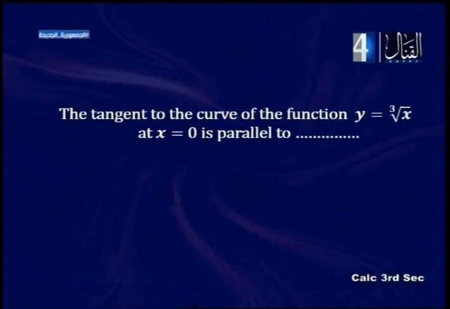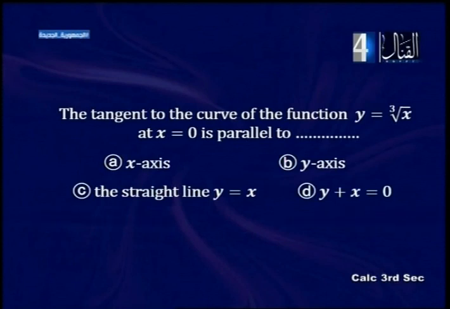The tangent to the curve of the function y equals cubic root of x at x equals 0 is parallel to the x-axis, the y-axis, the straight line y equals x, or parallel to y plus x equals 0. Now we have the function y equals cubic root of x, then y equals x to the power one third.